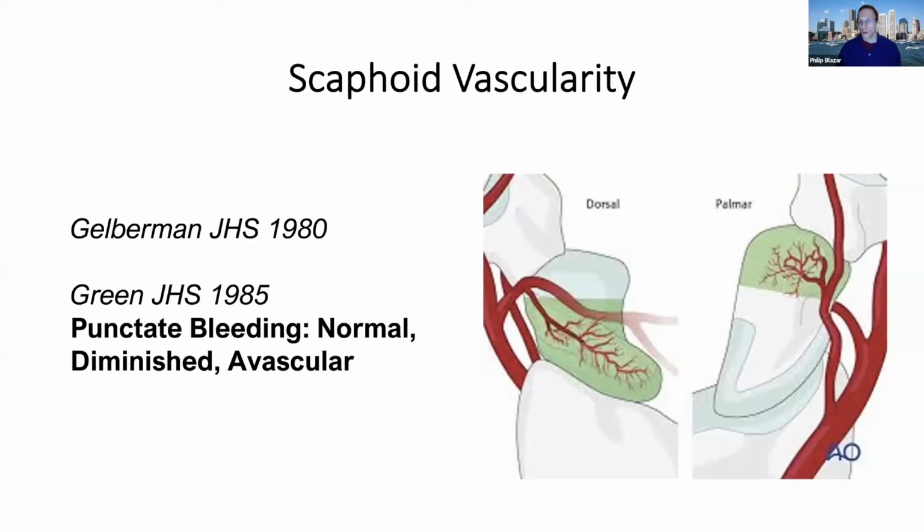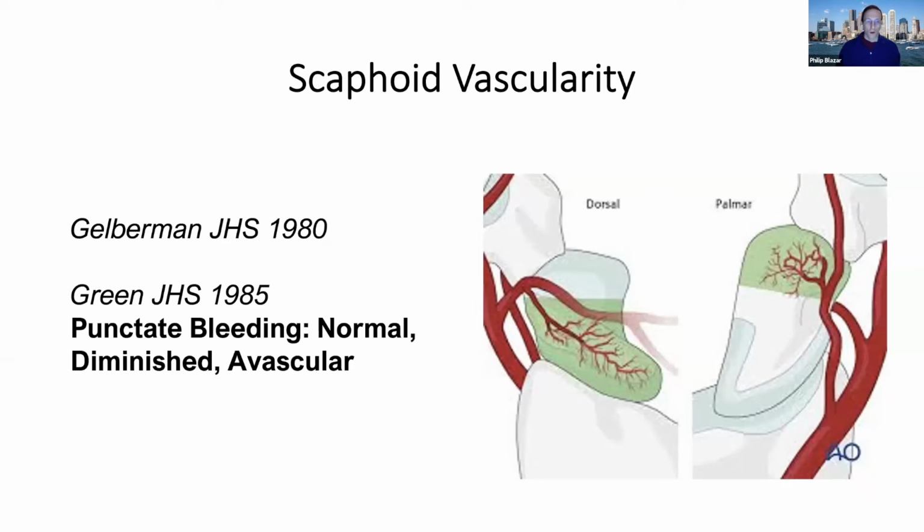Moving on to scaphoid vascularity, a couple of landmark studies on this topic. Dr. Gelberman showed us, depicted diagrammatically in the image, that the blood flow to the scaphoid comes in palmarly to the very distal component, but most of the proximal 3/4 of the scaphoid gets its blood flow from dorsally, as you can see depicted there.